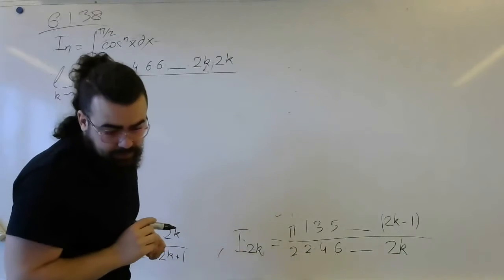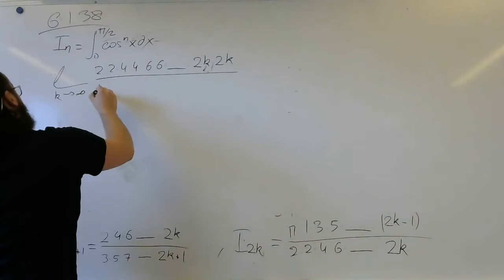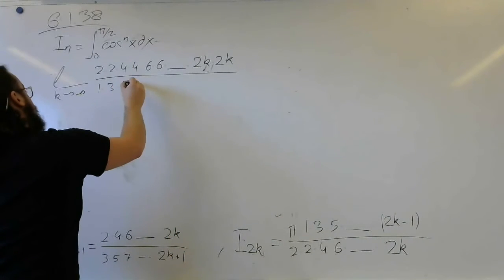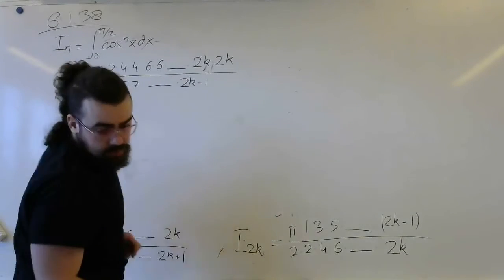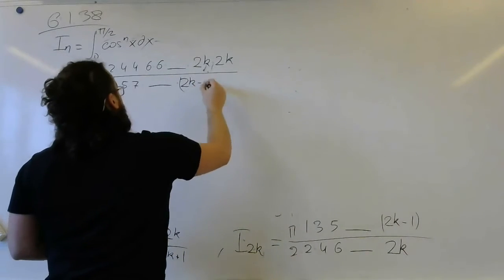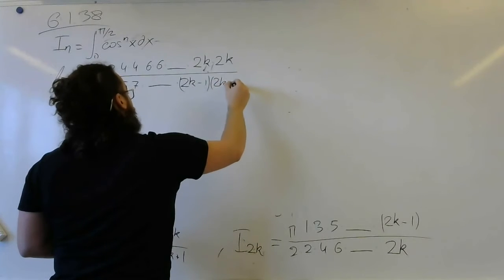And here we have 1, 3, 5, 7, 2k minus 1, 2k plus 1.